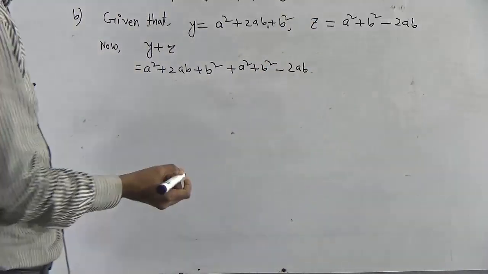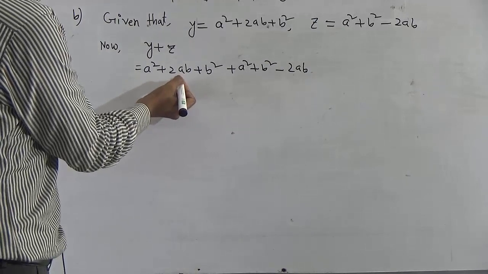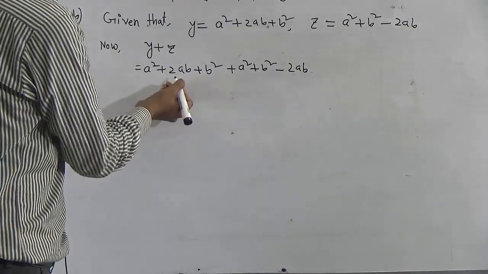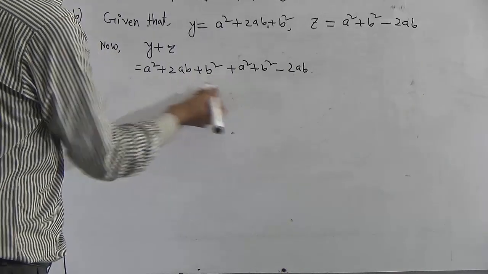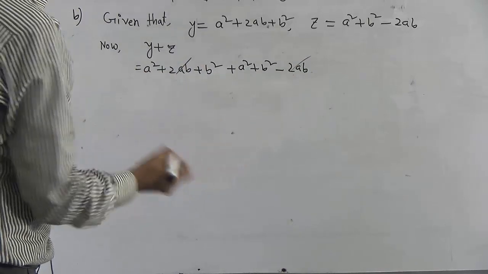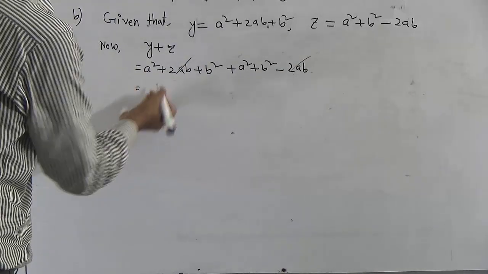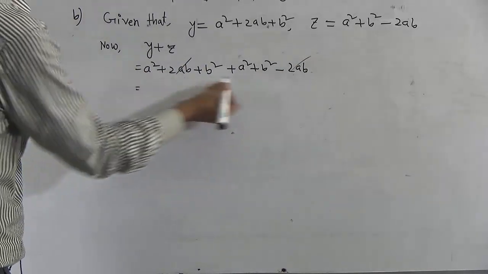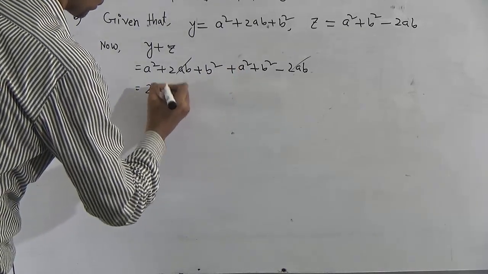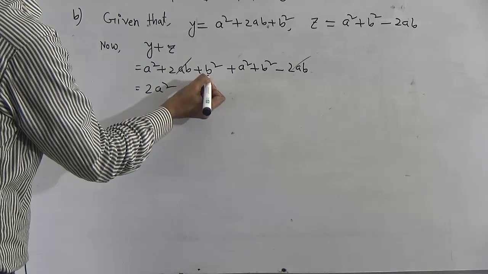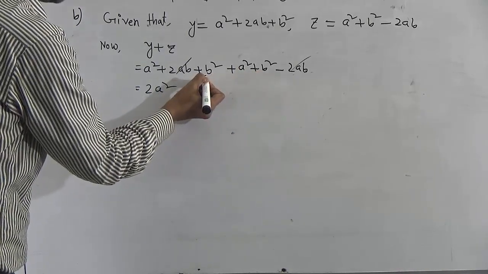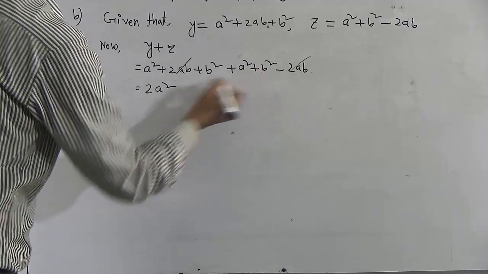Now we see here is plus twice ab and there is minus twice ab. This is the same term but opposite sign, so this and this will be reduced. Then we get 1a square and 1a square, that means 2a square. You see here b square plus 1b square, that means 2b square.